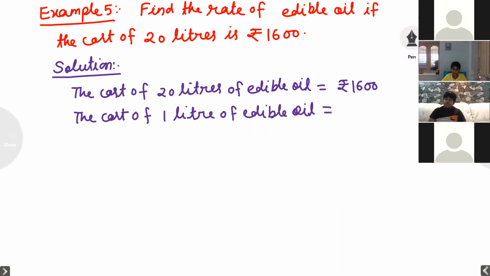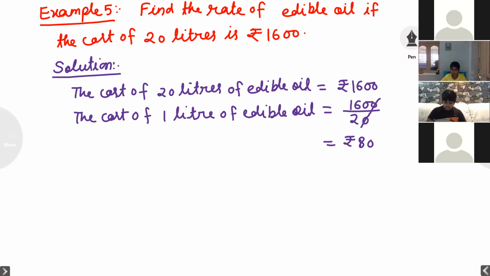Tell me students, 20 liters to 1 liter, decreasing or increasing? Decreasing. Division or multiplication? Division. 1,600 divided by 20. 2 8 16, 80 rupees.